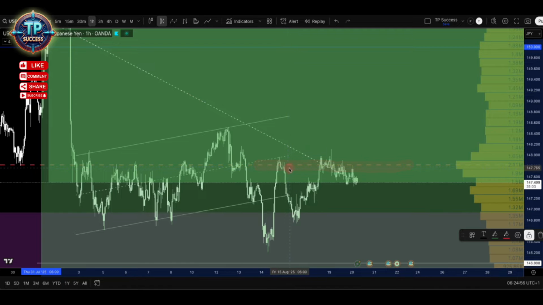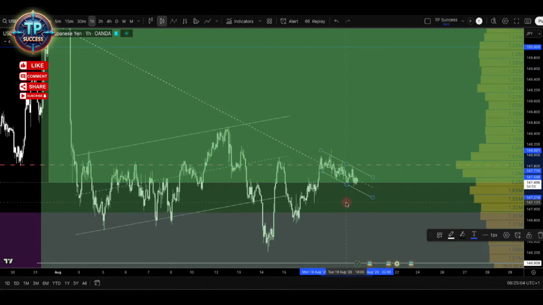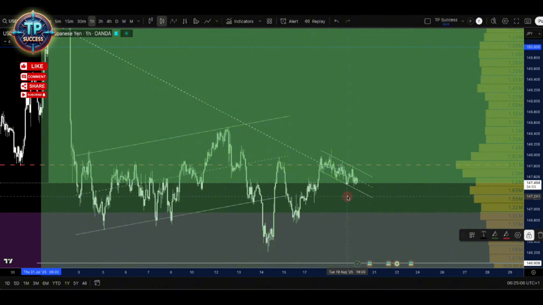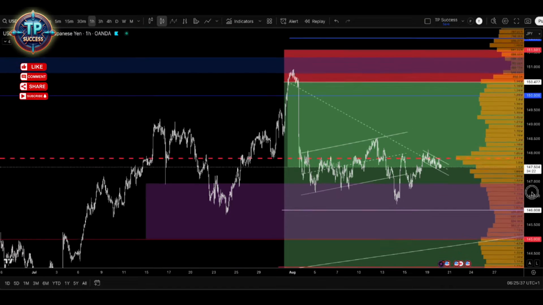This is where price originally returned back to. This is the channel that we have right here, and this channel usually has a high probability of blasting upwards, right? This channel does that.